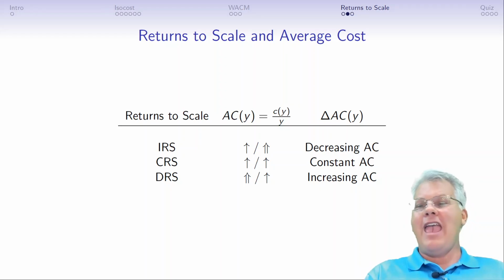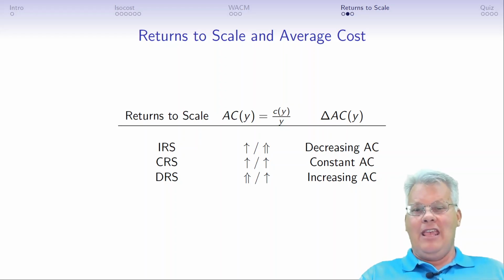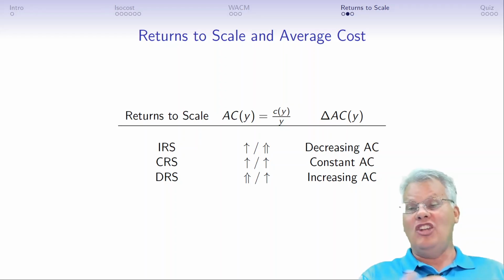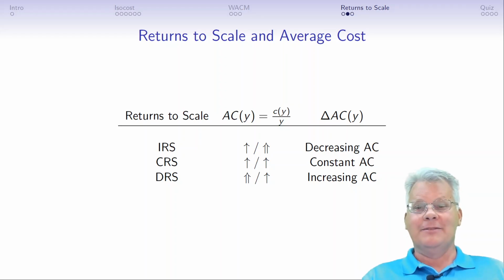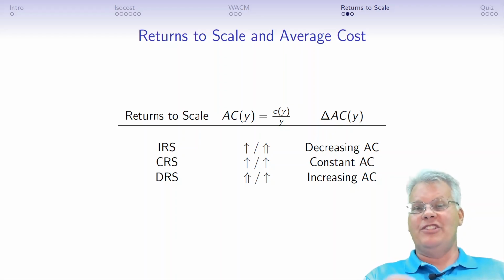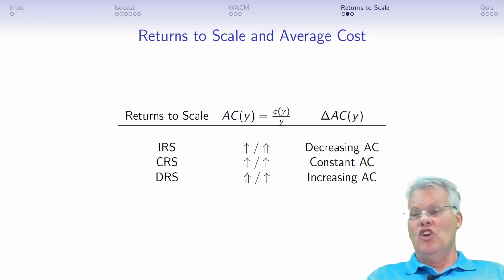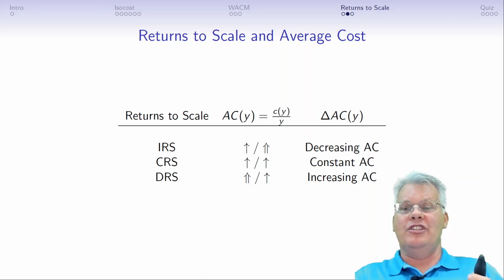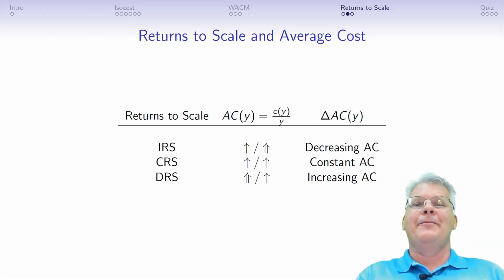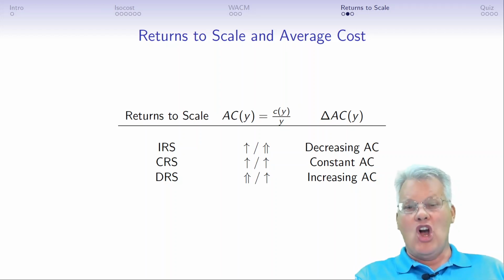If I have increasing returns to scale, and I double my inputs, my cost exactly doubles, but my output more than doubles. So when increasing returns to scale are in effect, output grows more rapidly than costs.